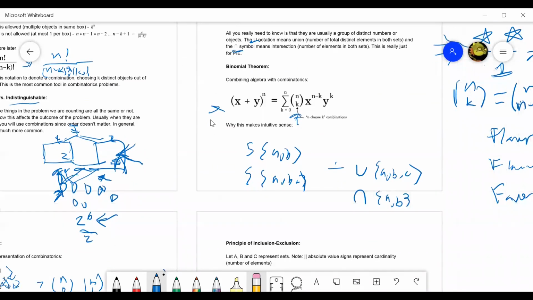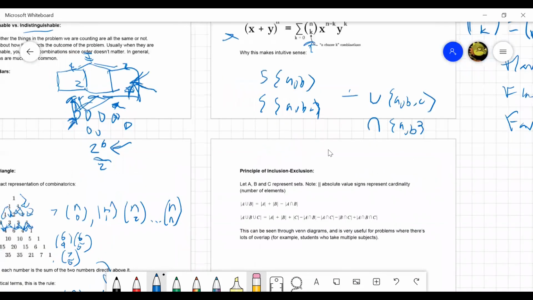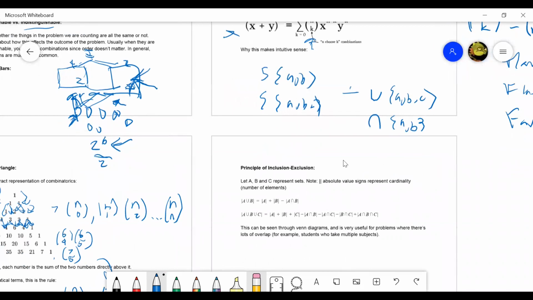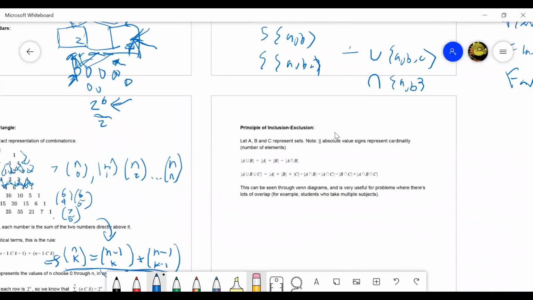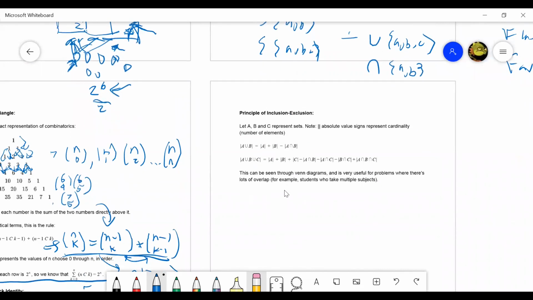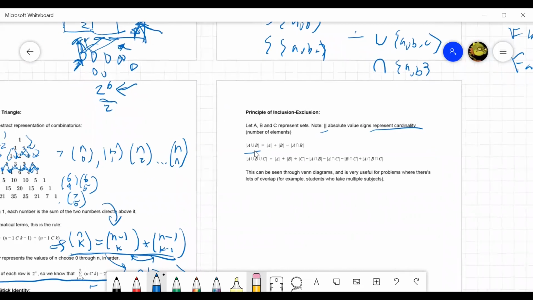The reason why I defined it is because of the principle of inclusion and exclusion. This is also a very important thing to remember. The absolute value sign represents cardinality. The cardinality of the union of 2 sets is equal to the sum of the cardinalities of the 2 sets minus the intersection.